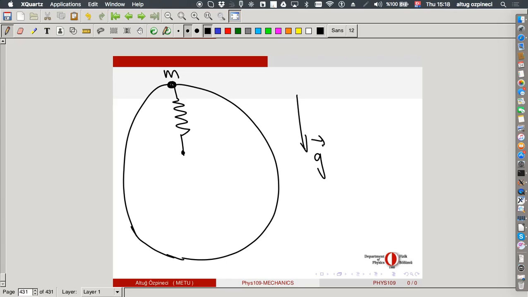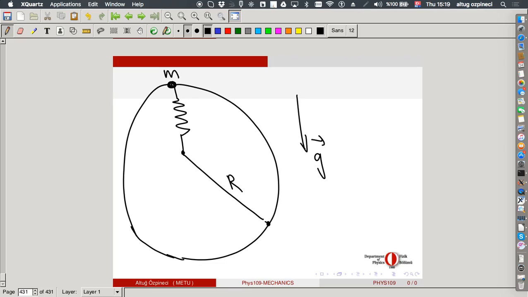At an arbitrary point over here, you can imagine that it is making a circular motion around a circle of radius, let's say, large R. As the speed is increasing, the necessary central force will be larger. So the spring should get longer, because the force that the spring exerts is proportional to the change in its length. If you want a larger force, you should extend it longer.